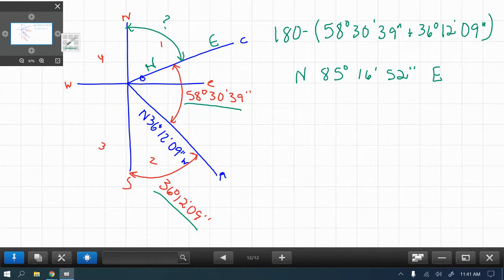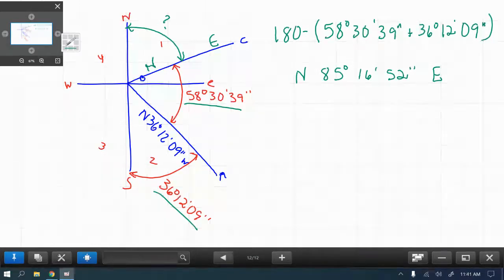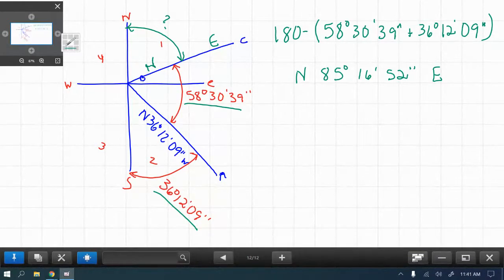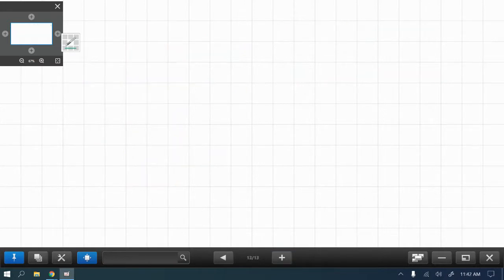But how about checking my work to make sure that I didn't get off somewhere? I would say, because I gave you actually C to D, let's just kind of do a check. Make sure that we're not off.